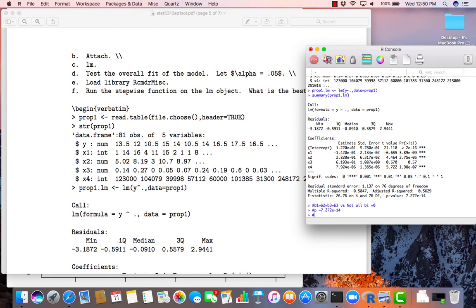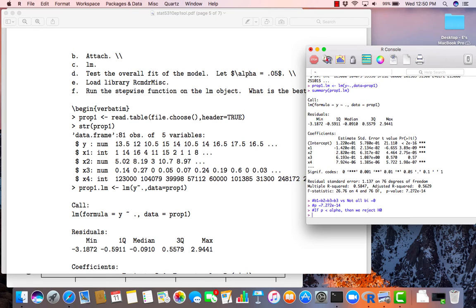So we always have, if p is less than alpha, then we reject H0. And so this value is very small, particularly compared to 0.05. What are we going to do? We reject H0.